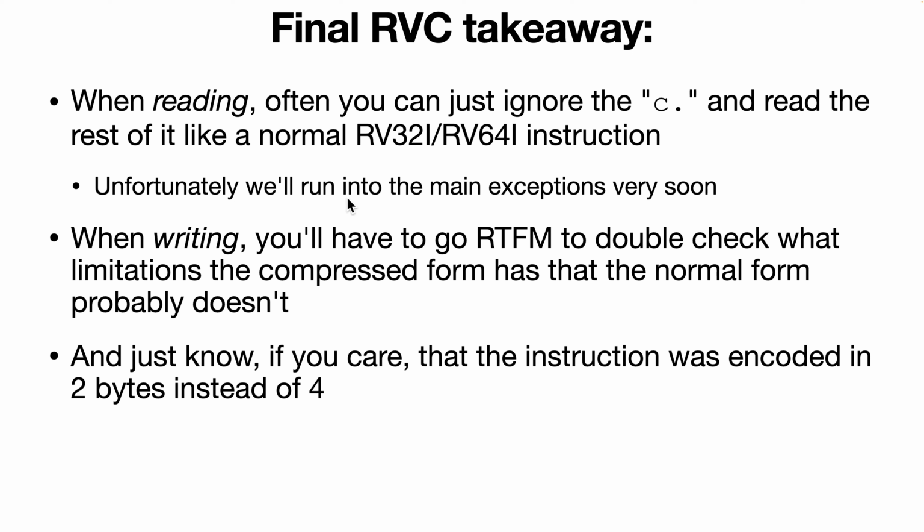So we'll have a couple exceptions very soon where, unfortunately, although things do map back directly to actual RV32I or RV64I instructions, they have mnemonics or names that don't map back one-to-one to things. So we'll see some; this is why I said this first section gets a little complex.